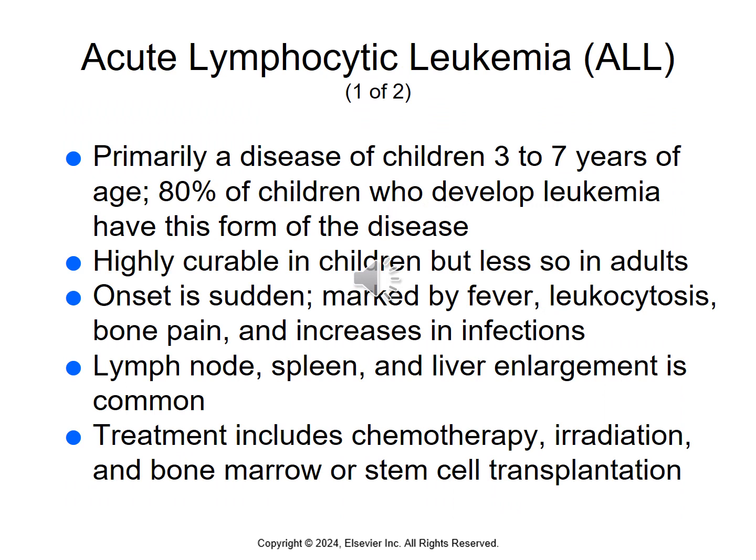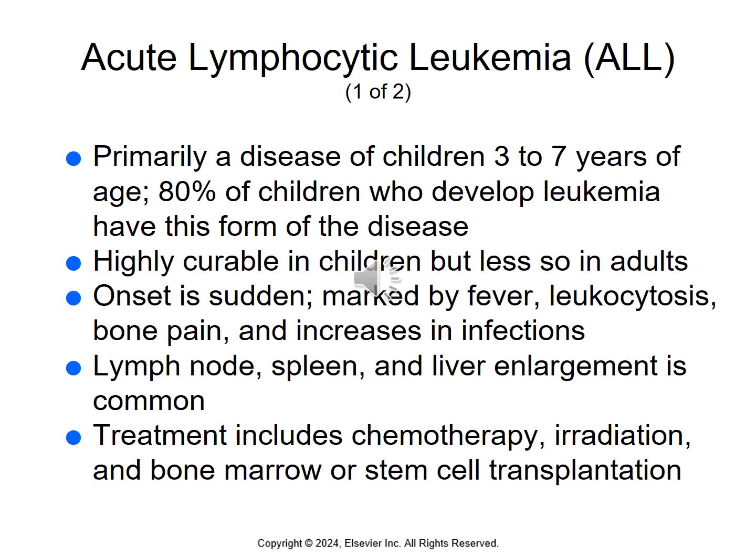Acute lymphocytic leukemia or ALL, primarily a disease of children 3 to 7 years of age. 80% of the children who develop leukemia have this form of leukemia. Highly curable in children, but less so in adults. Onset is sudden, marked by fever, leukocytosis, bone pain, increase in infection.